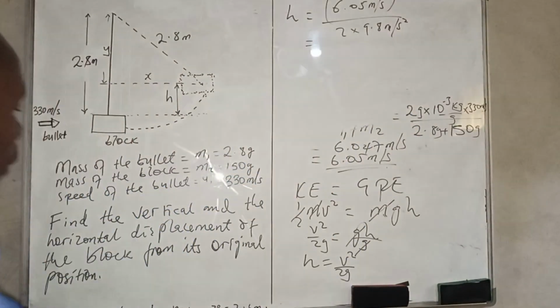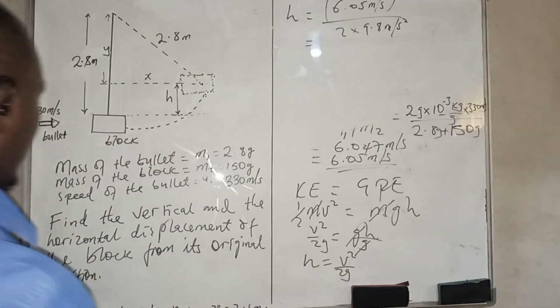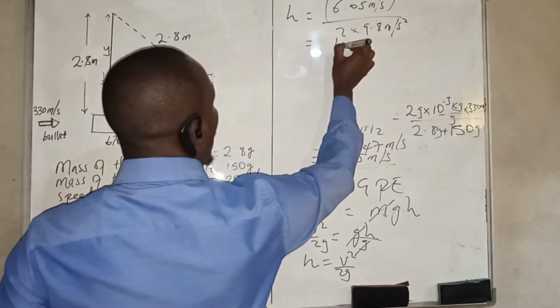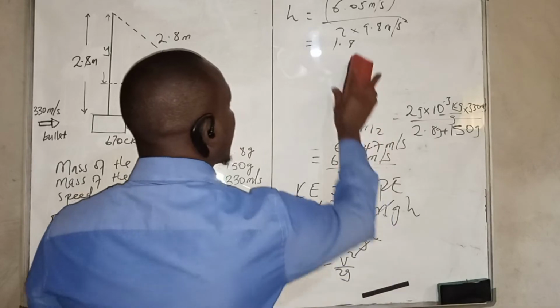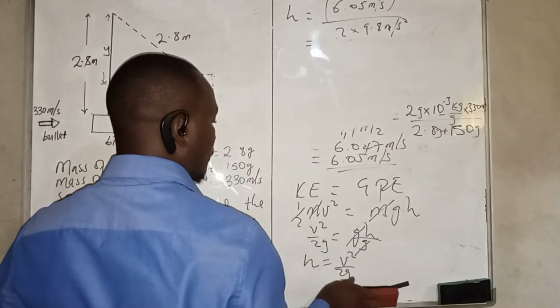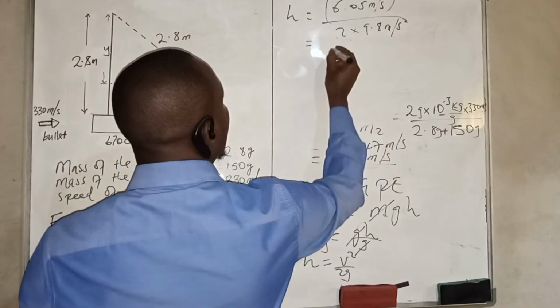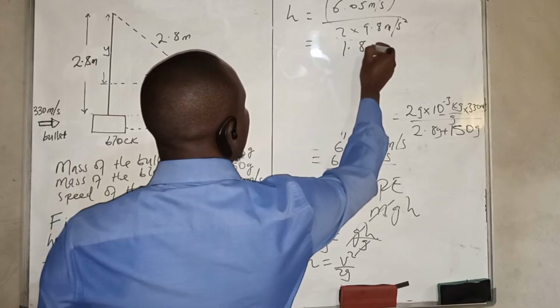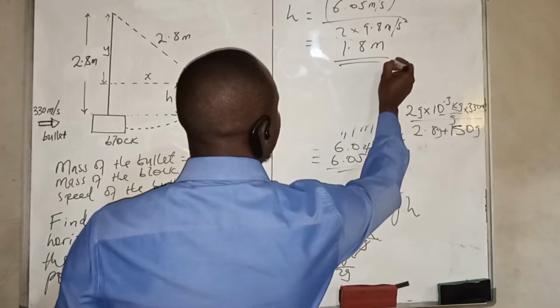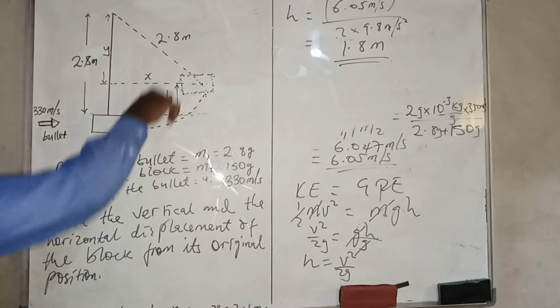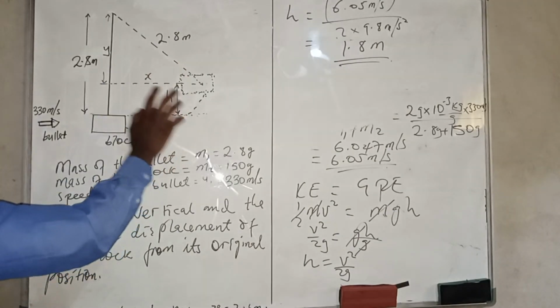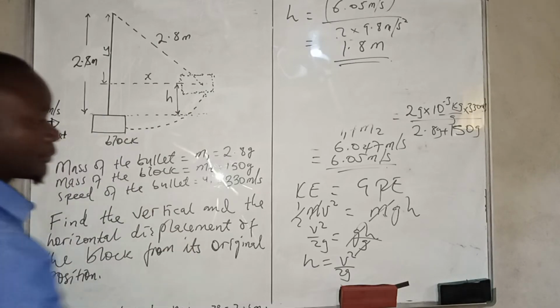When we punch it on a calculator, what we're going to have is 1.8 meters. So this is the vertical displacement of the block.